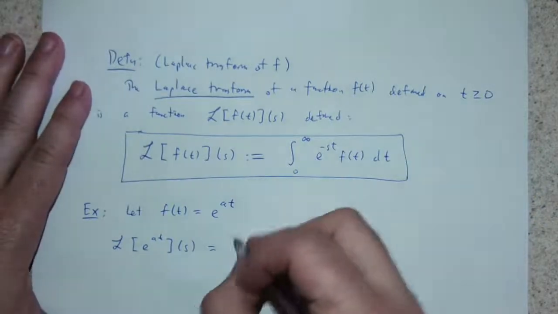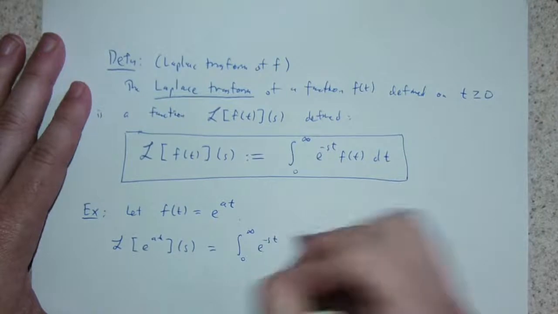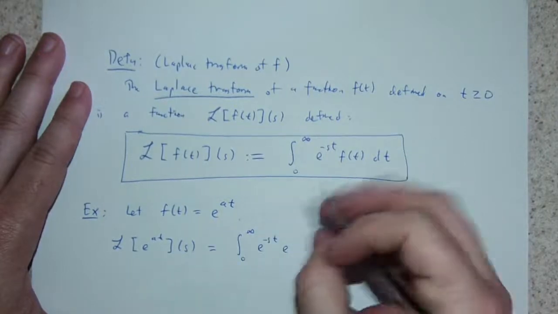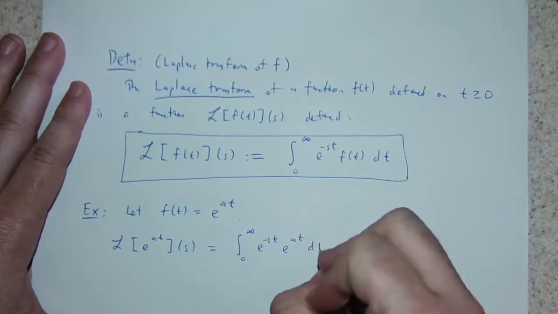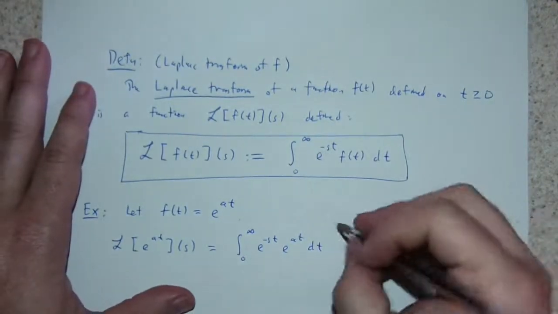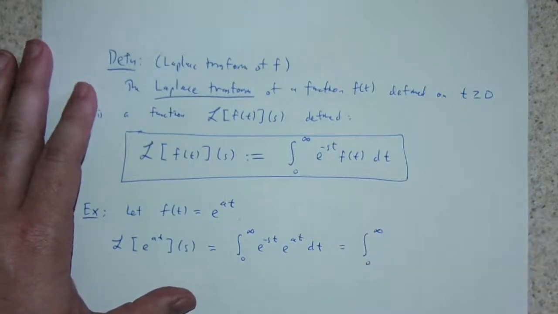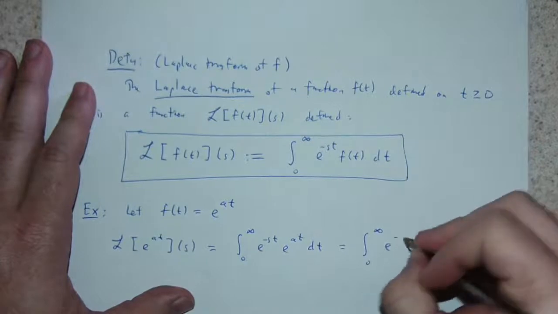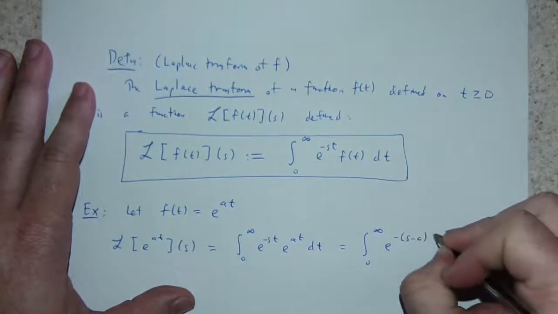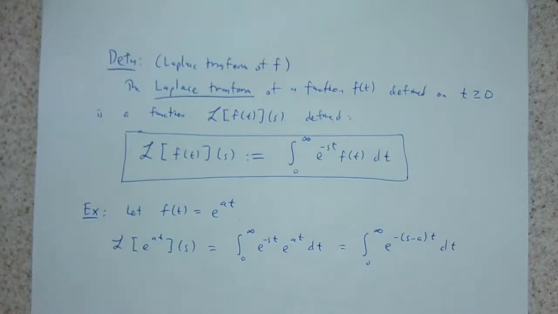This is the integral from 0 to infinity of e to the minus st times e to the at dt. So this is the integral from 0 to infinity of e to the minus s minus a times t dt. Just putting those together so we can do this integral easily, because this is just going to be an exponential thing.